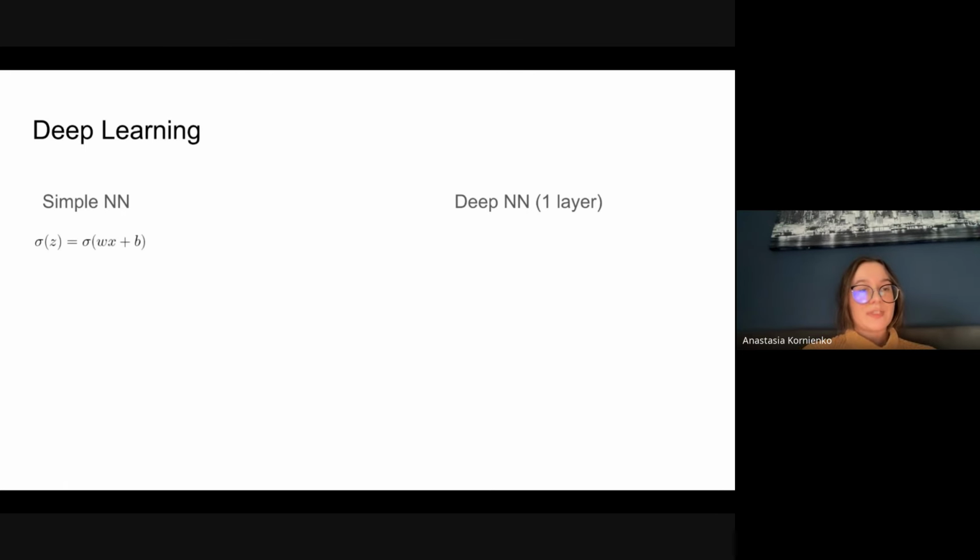As we already defined, for a simple neural network the sigmoid function looks like this. But next we define that we have m examples. So it's not only one example, but a set of examples. We have n nodes in one layer. So it looks like input, then some nodes, then the last activation function, and output.